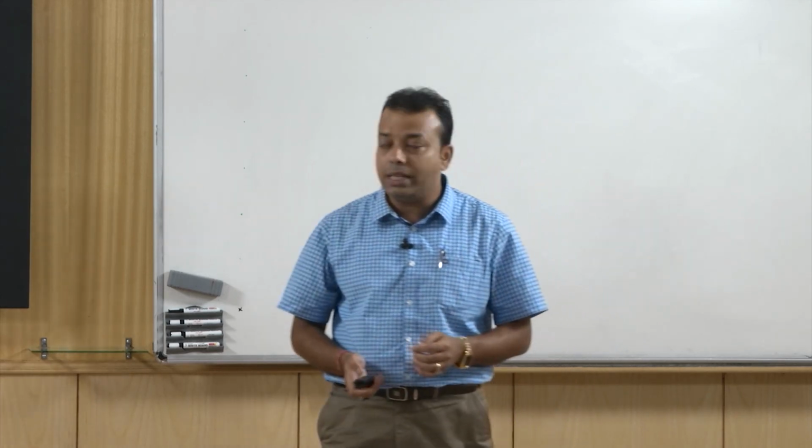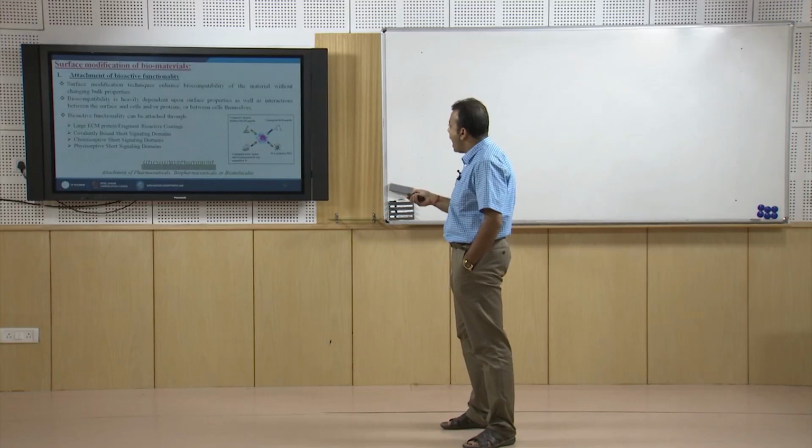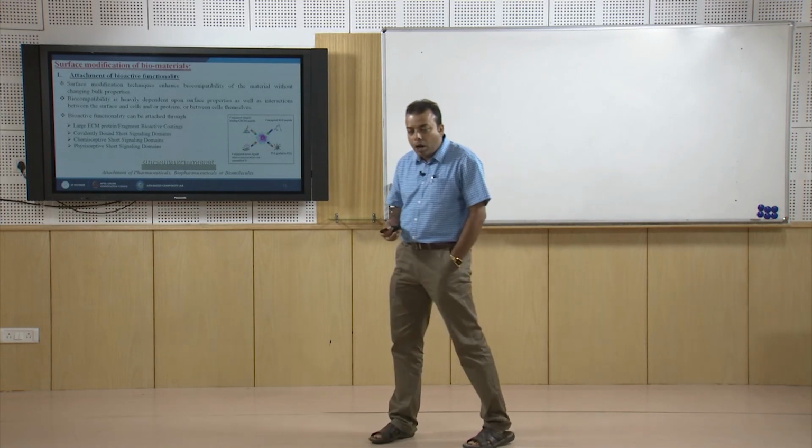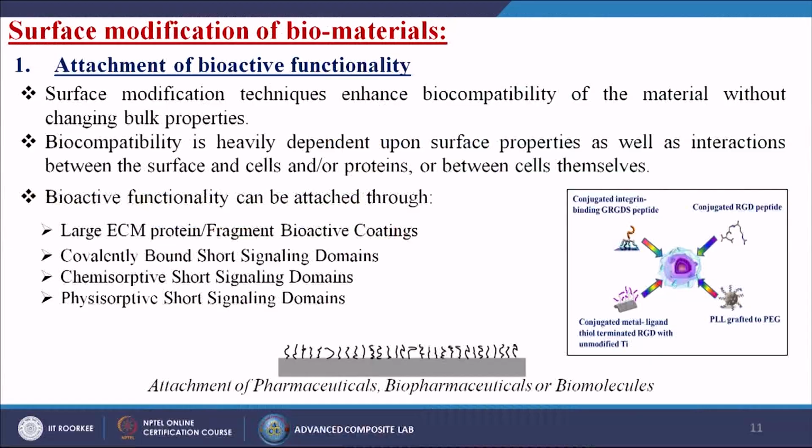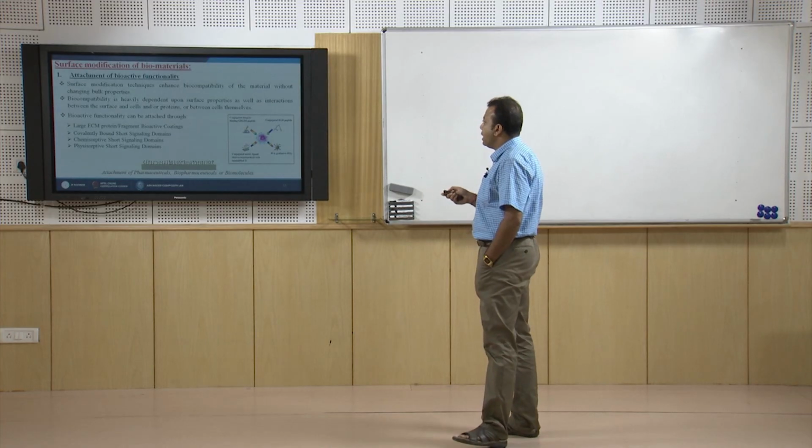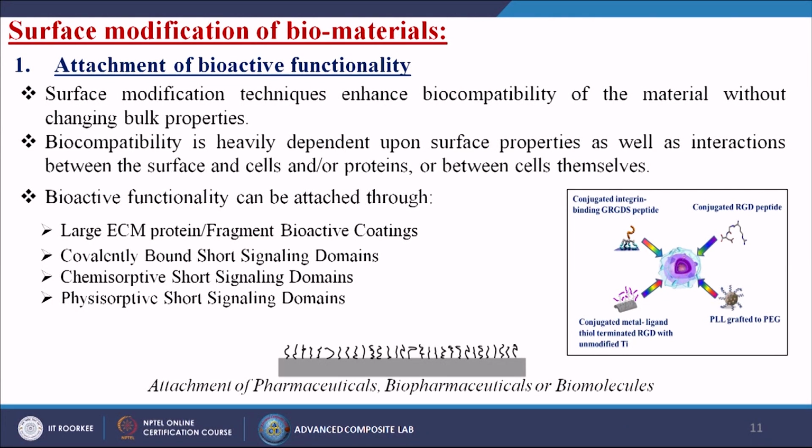So to solve these problems we add some biodegradable or bioactive materials to the surface, so that by chemical reactions that material can react and form certain kinds of coatings on that material. Surface modification techniques enhance biocompatibility of a material without changing the bulk properties.